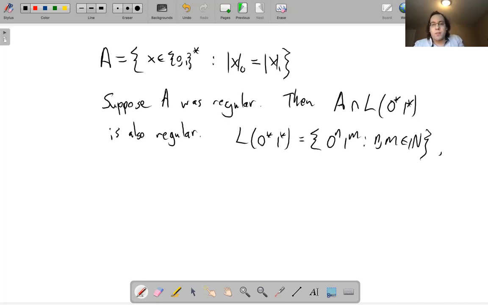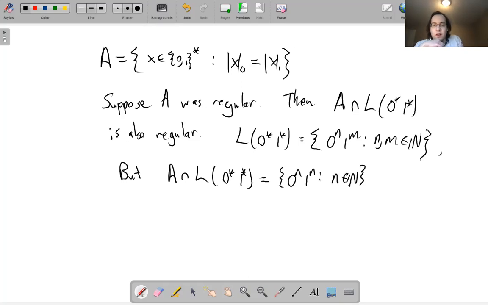So the intersection of A with this language, A intersect L(0*1*), is actually the language 0^n 1^n, such that n is a non-negative integer.